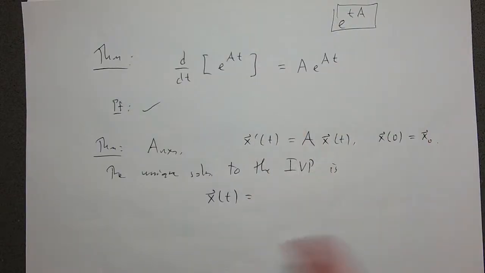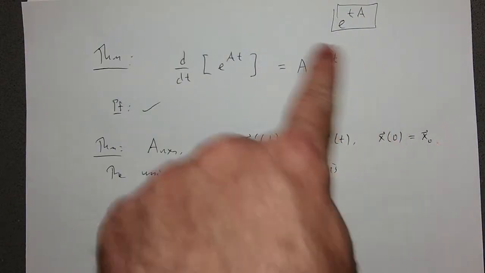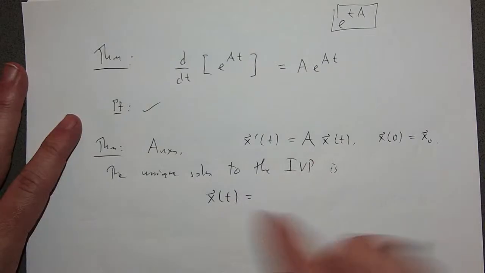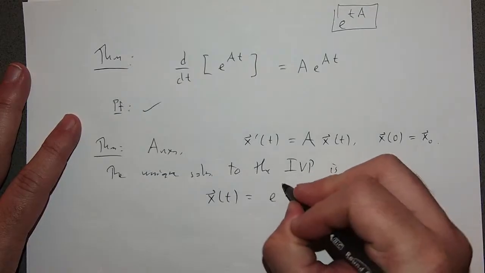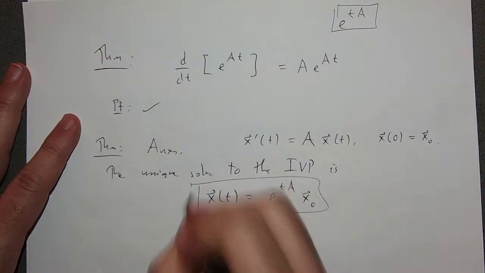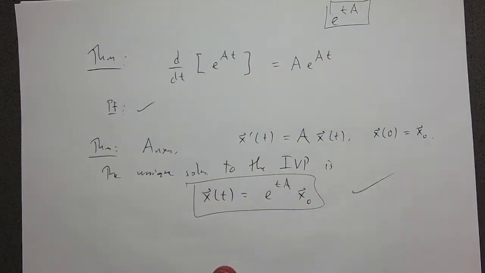Whatever, it's not a big deal. But just to be consistent, this is also the notation used in Math 246 and Math 243, so I will stick to this. This is e to the tA times that initial vector, x naught, and we're done. That's how to solve that.